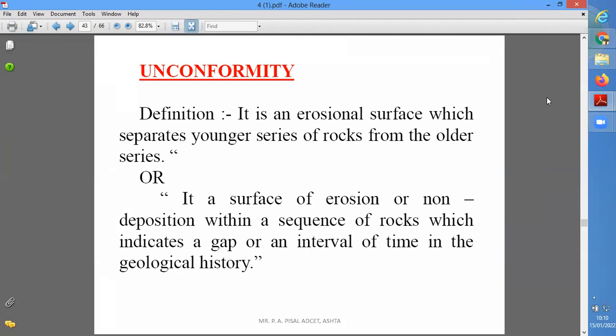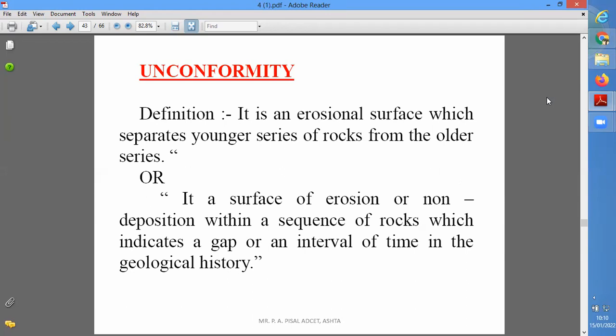In that, we have seen structures like outcrop, strike, dip, fold, faults, with their different types and their civil engineering significance, etc. Now today we are going to start a new structure which is generally present in the rock, and that structure is considered as an unconformity. Okay, unconformity.